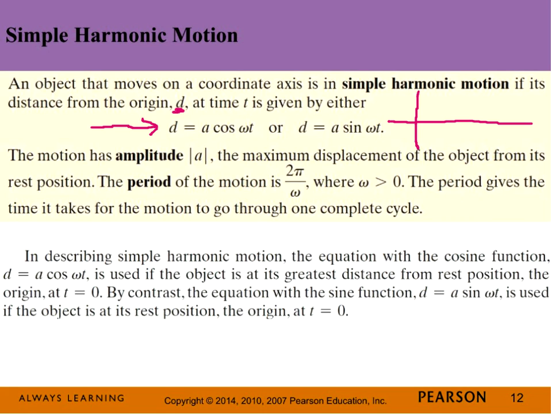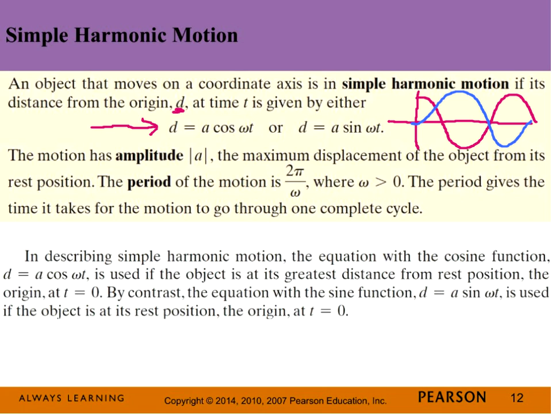So cosine starts at 1 above the x-axis, and it coasts down to -1, and then back up to 1, and so on. And then we have sine that starts at the origin, and it is the exact opposite. It comes up, and then down, and then up.